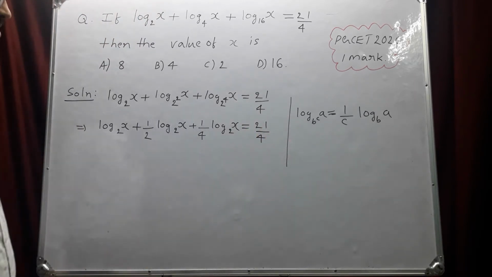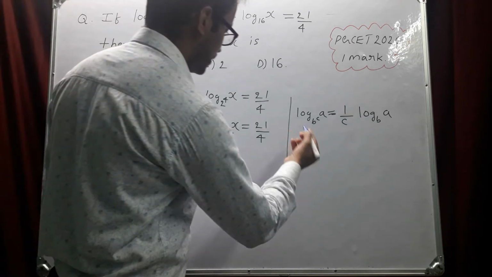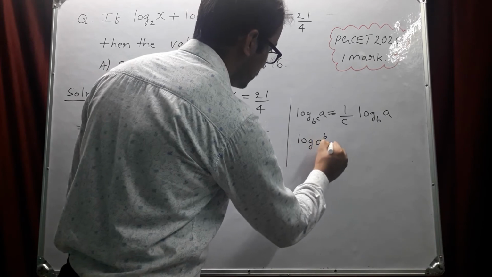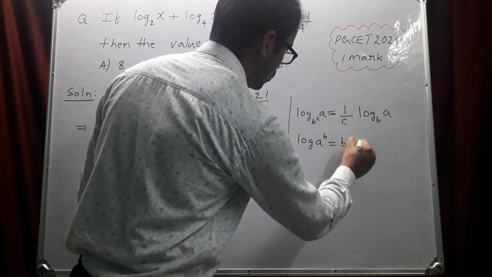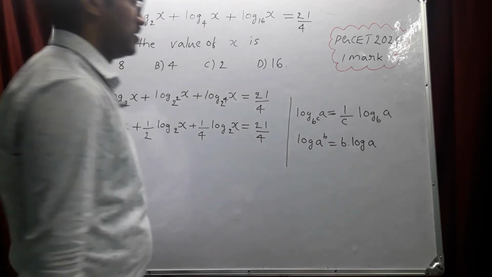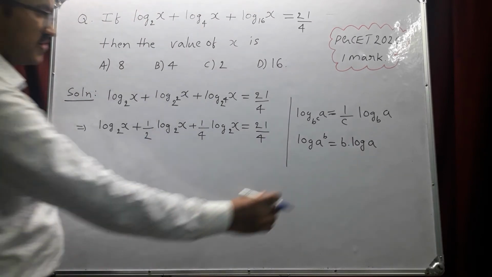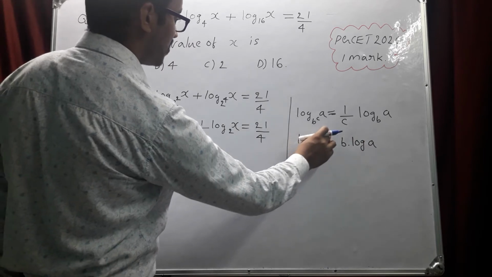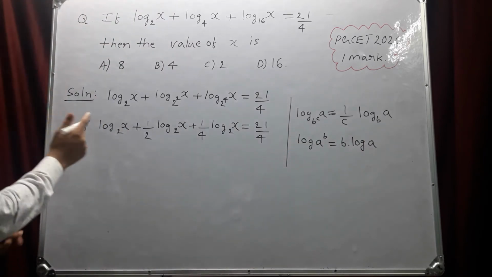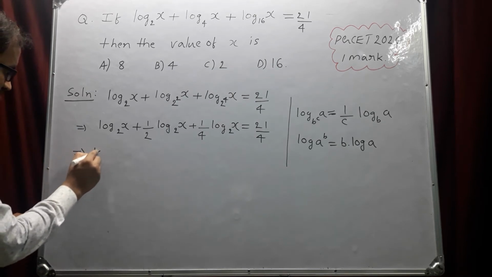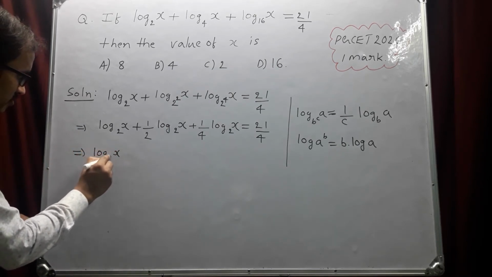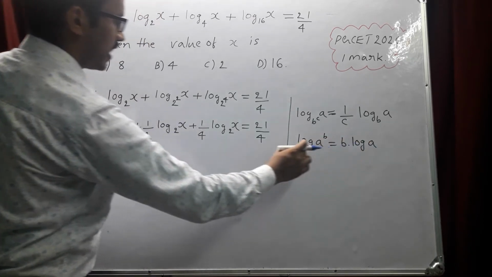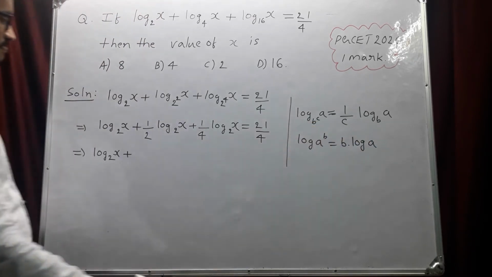So now I will use one more property, that is log a power b. We can write it as b into log a. Or if you consider b into log a, I can write it as log a power b. So what we are going to get here? Log x to the base 2 plus c. b log a, I can write it as log a power b.